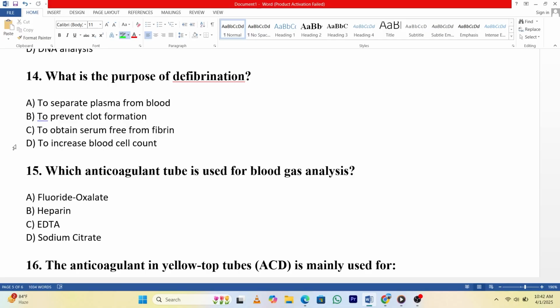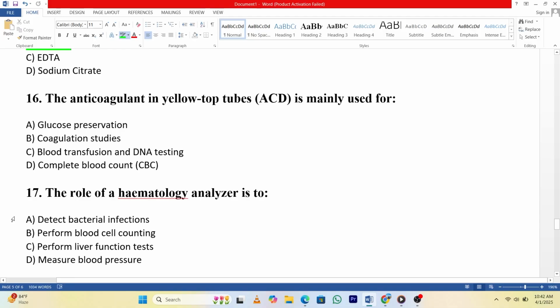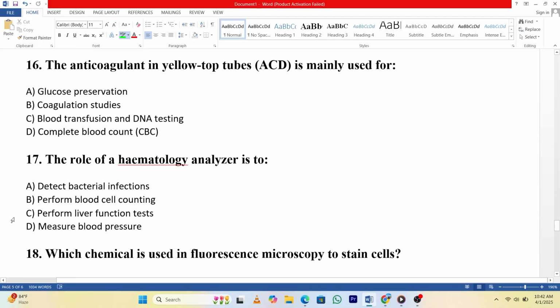Answer: C. 15. Which anticoagulant tube is used for blood gas analysis? A. Fluoride oxalate. B. Heparin. C. EDTA. D. Sodium citrate. Answer: B. 16. The anticoagulant in yellow top tubes, ACD, is mainly used for: A. Glucose preservation.